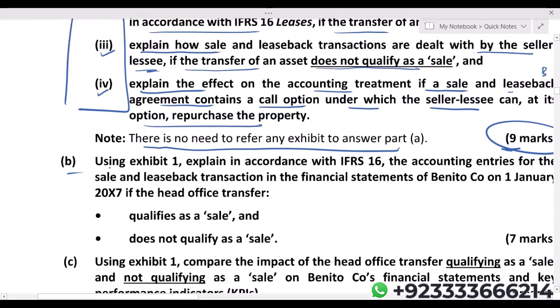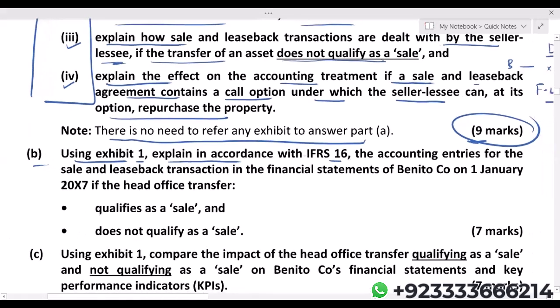B. Using exhibit 1, explain in accordance with IFRS 16 the accounting entries for the sale and leaseback transaction in the financial statements of Benito on 1st January X7 if the head office transfer qualifies as a sale and does not qualify as a sale.